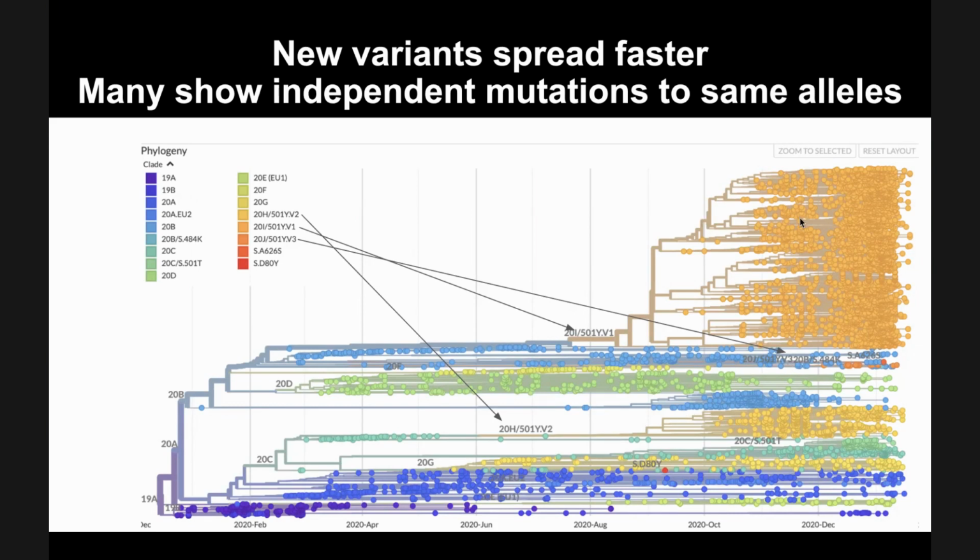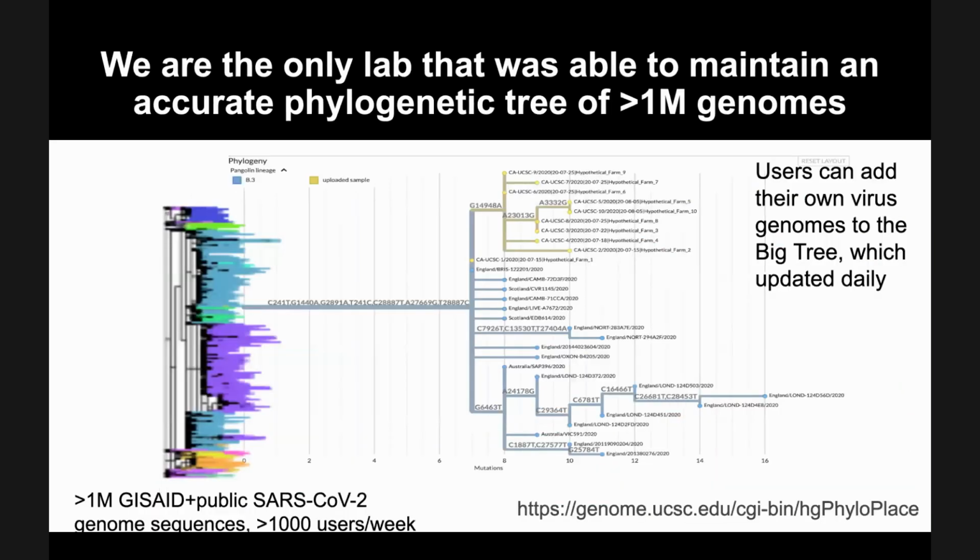So this tree coming out of NextStrain is built on about 3,000 or 4,000 samples. That software can't handle 1 million samples. We were able to do a tree with 1 million samples in it, and we allow you here at Santa Cruz to upload your new data and match your data to the tree of all SARS genomes.